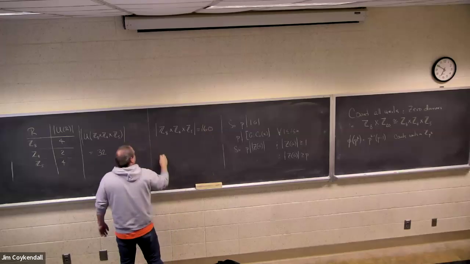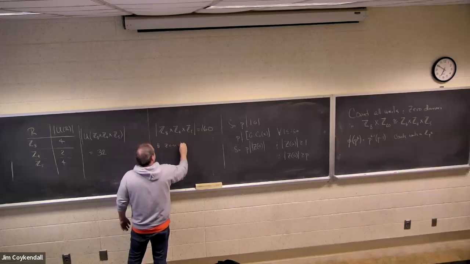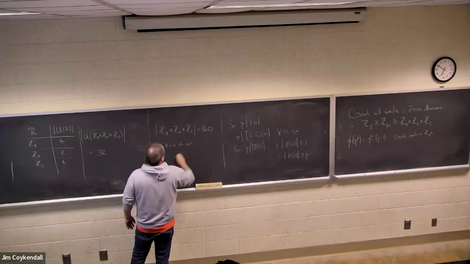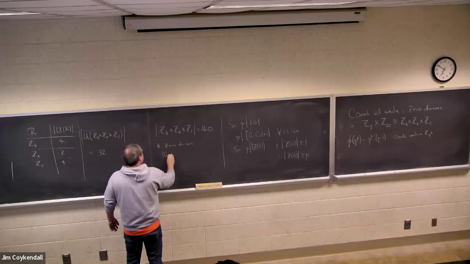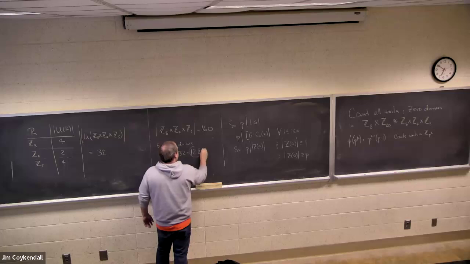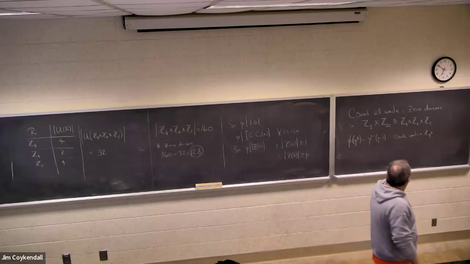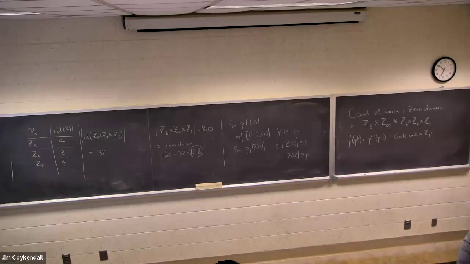So the number of zero divisors is 160 minus 32. You said it's everything else if the ring is finite, because everything is either a unit or a zero divisor.